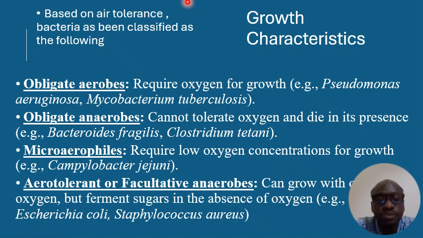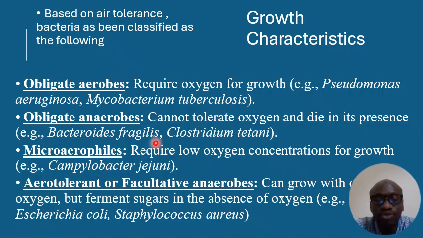Example of microaerophilic is Campylobacter jejuni, Helicobacter pylori. Then we have the obligate aerobes that require oxygen for growth. Example is Pseudomonas aeruginosa, Mycobacterium tuberculosis. We also have obligate anaerobes.